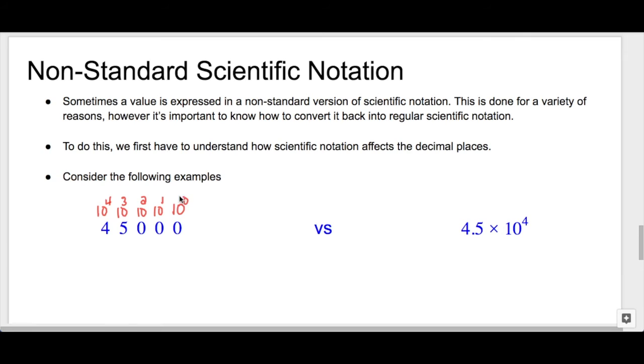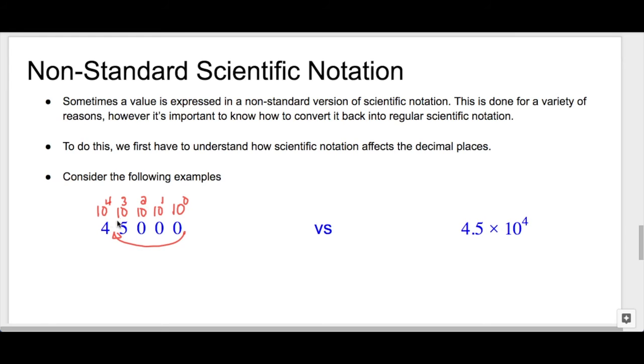Now notice how the exponents of the powers increase in the positive direction as we go to the left. So 10 to the 0 is equal to 1, 10 to the 1 is equal to 10, 10 to the 2 is equal to 100, 10 to the 3 is 1,000, 10 to the 4 is 10,000. Now if you recall, from scientific notation, we need to take the decimal place and move it over here.